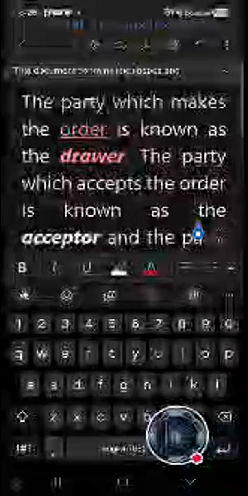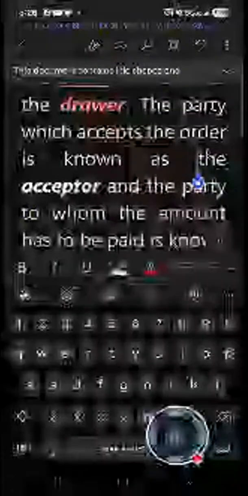The party which accepts the order is known as the acceptor.